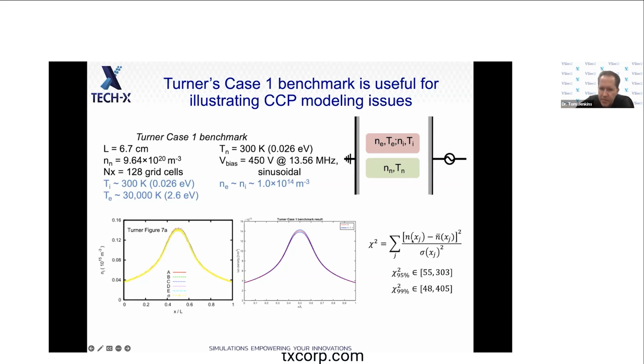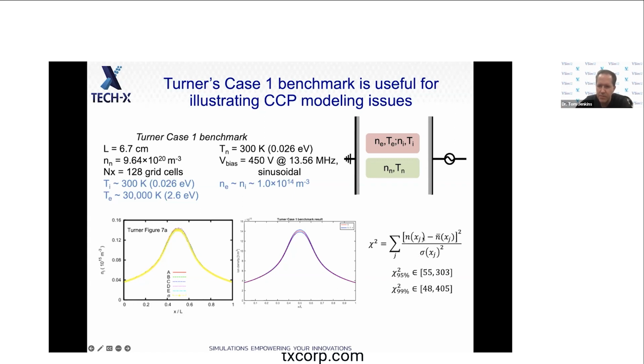This chi-squared metric essentially takes the difference between my code and Turner's code, puts it over the standard deviation Turner provides, squares it, and adds it up for every grid point left to right. And you can see that if my code gives a result that's bigger than 1 standard deviation, I'm going to square that term and it's going to be bigger than 1, and it'll contribute more to this sum.